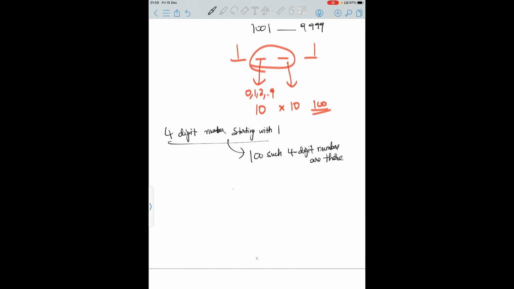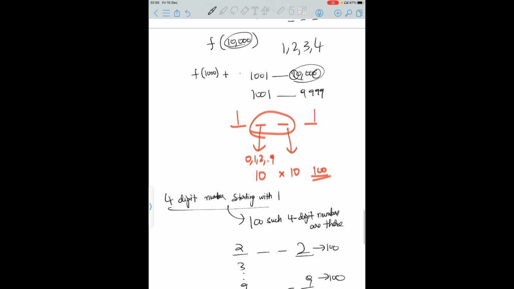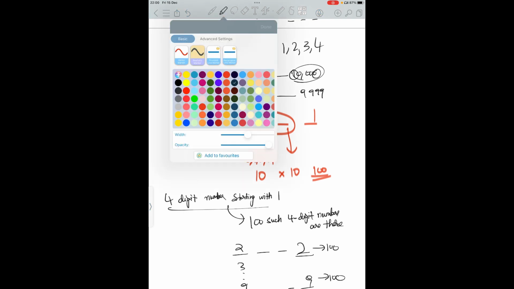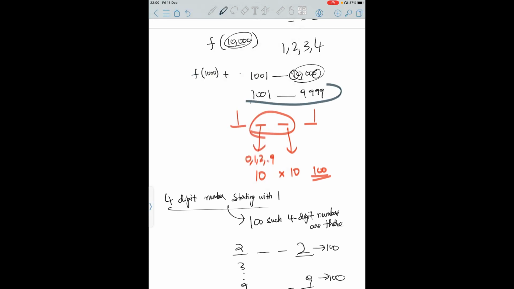The same if the first digit is 2, 3 until 9. For each one we get 100 such numbers. So total 9 into 100. So from 1001 to 9999 we have 900 such numbers.